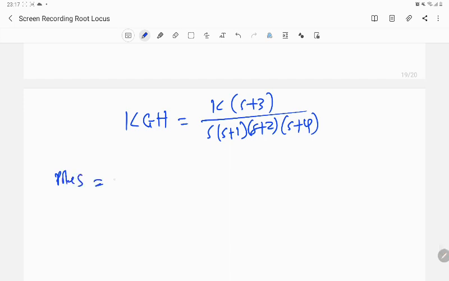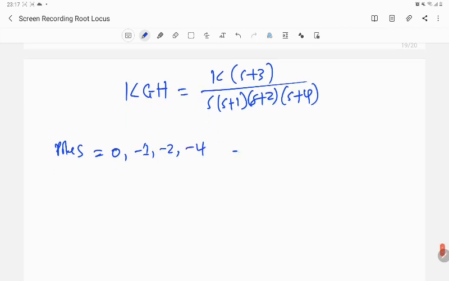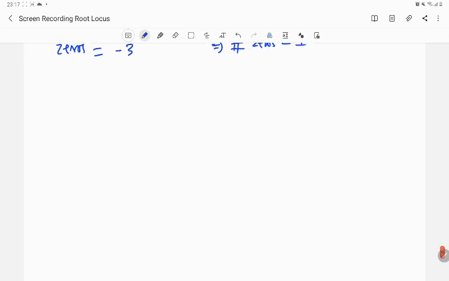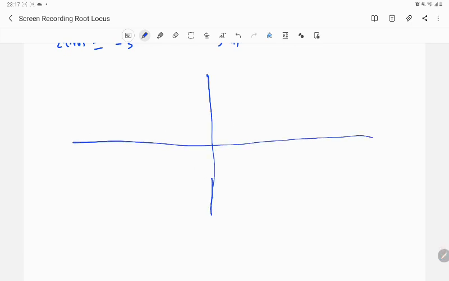Our poles will be 0, -1, -2, -4, which implies our number of poles equals 4. Our zero will be -3, so number of zeros equals 1. So first we can go to the axis and plot our poles and zeros.